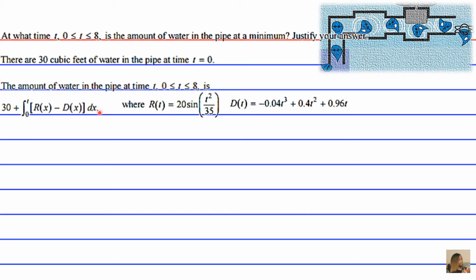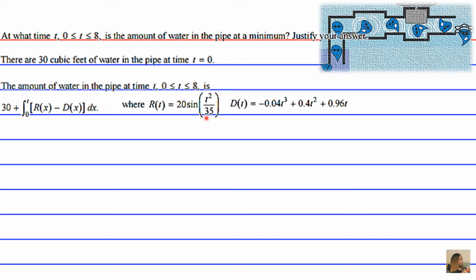Just plot, first plot. I showed you in a previous video, video 3 in the series, how to plot a definite integral, or video 2, which is very similar, shows you how to plot an indefinite integral. Okay, so you need to plot this and then find out where r of t minus d of t is equivalent to 0.